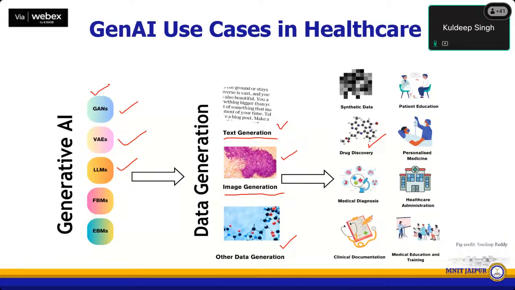So these electronic health records can be used as an input to these generative AI models. They can be trained on these records, read through this data, understand the important points, and then generate a concise summary for the doctor to take important decisions related to the diagnosis of the patient.